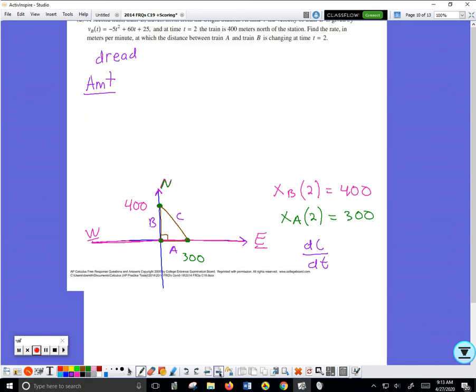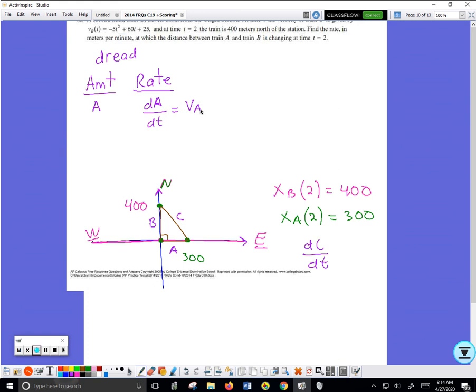So really, the amounts are distance A, and then we have rate. That's dA/dt, which is really the same thing as velocity A, the rate at which distance A changes.